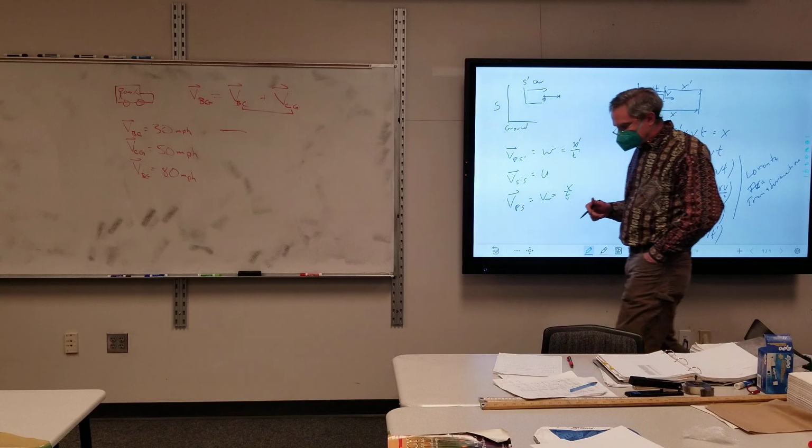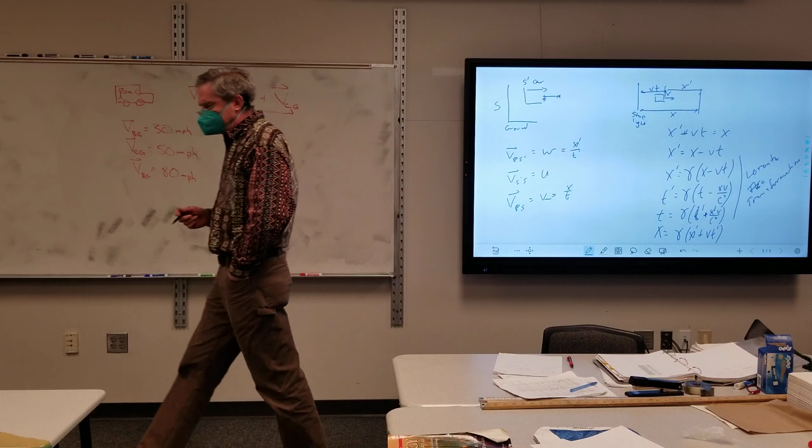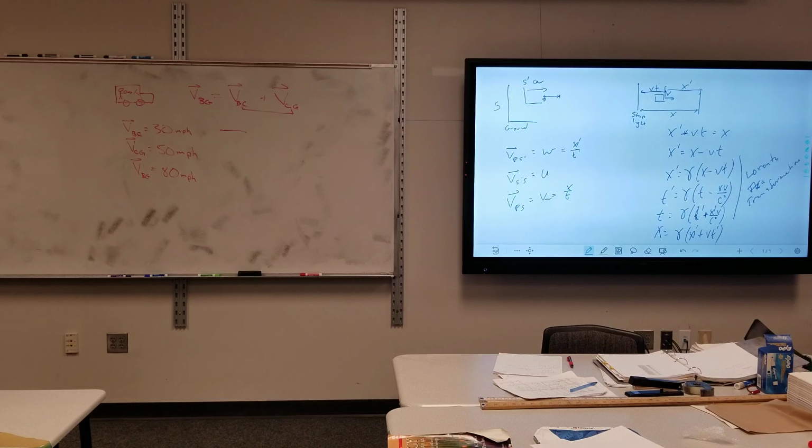Heinrich Lorentz was one of the movers and shakers in the physics world back in the late 1800s. He jumped through hoops trying to figure out why the speed of the observer or the reference frame made no difference in Maxwell's equations.